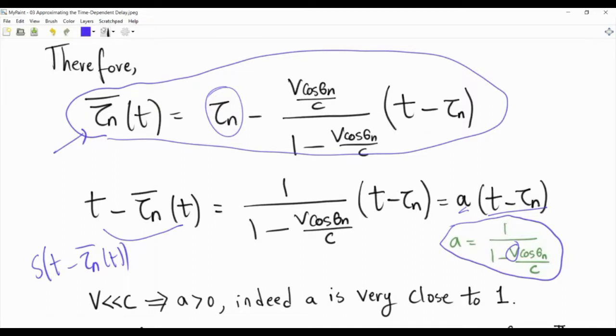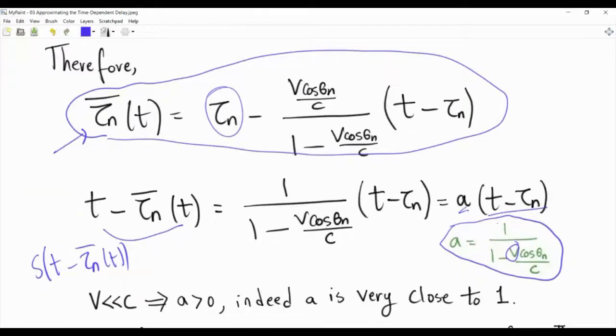And so basically this quantity A is close to 1. So if you want to think about A, it is very close to 1. Note that my story here will differ if we are talking about other systems. Suppose that you have a system in which you are using not electromagnetic waves but acoustic waves for communications. The speed of propagation of acoustic waves is much, much smaller than that of electromagnetic waves.